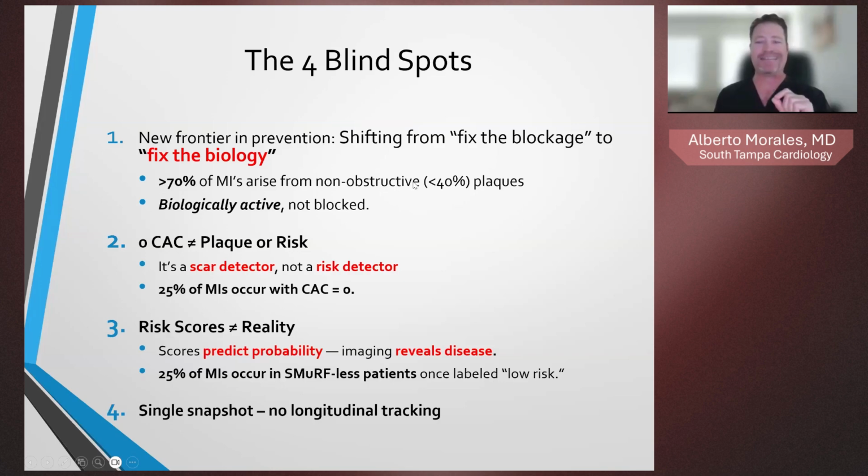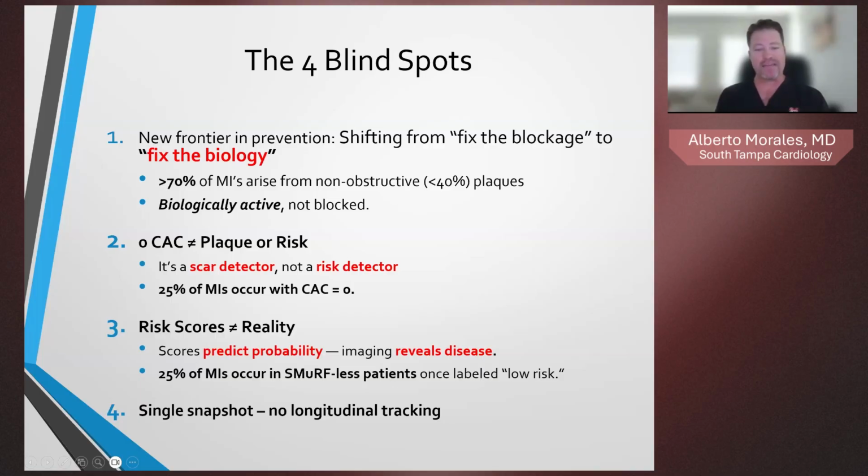And you can only do that by identifying who has plaque, who has risky plaque. Zero calcium score does not mean no plaque. Up to 50% of patients with a zero calcium score actually have plaque, and up to 25% of patients with a zero calcium score actually have heart attacks. So think of calcium score more as a scar detector, but not a risk detector.